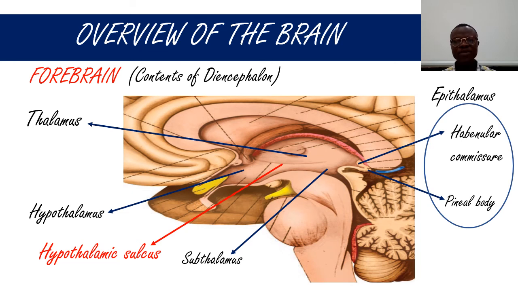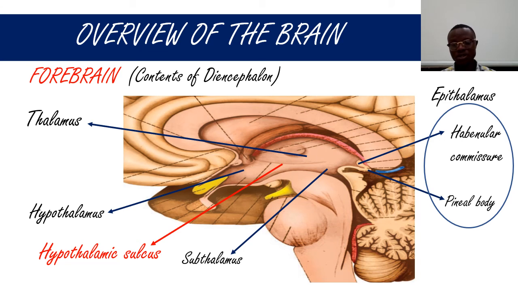And let me just point out something here. If we observe during our study of the various structures, we've used half of the brain, meaning we use the right cerebral hemisphere. That is, the diencephalon is divided by the third ventricle into two symmetrical parts.